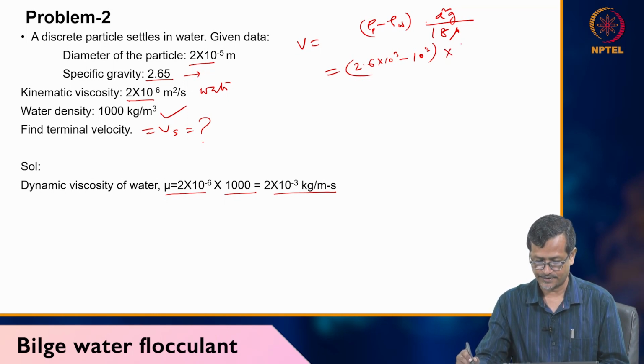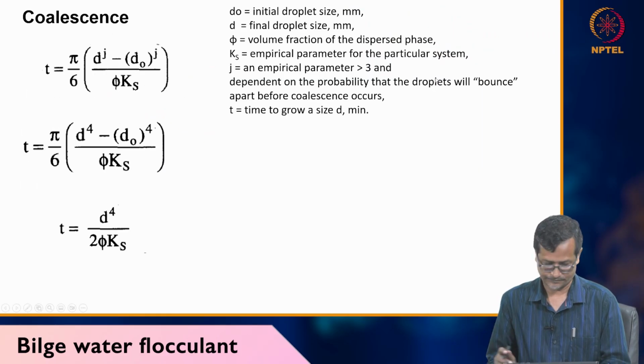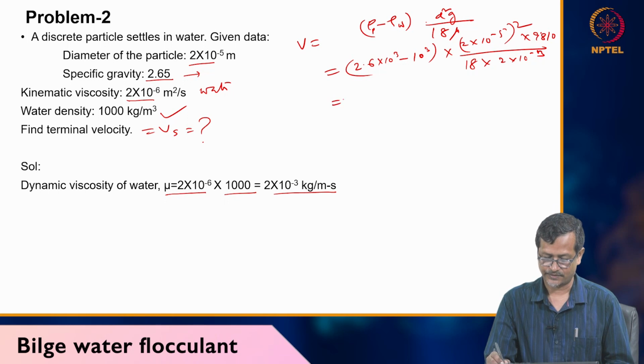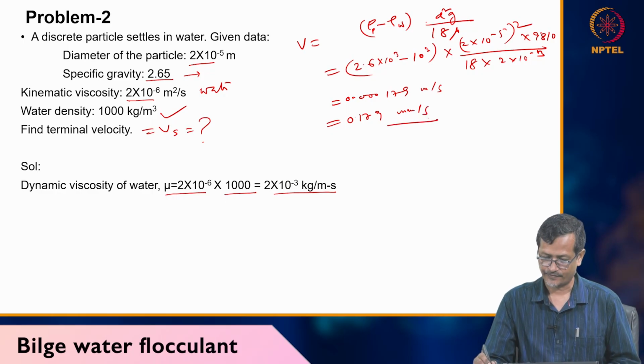Particle size is given as 2 into 10 to the power minus 5, and g value is 9.81. And 18 into viscosity, given as 2 into 10 power minus 3. So this value is giving 0.000179 meter per second. So it is giving 0.179 millimeter per second. Okay.